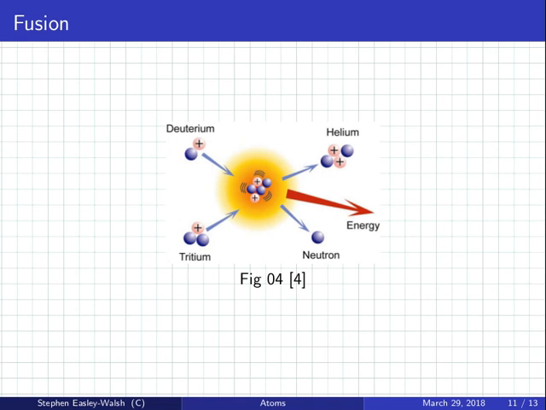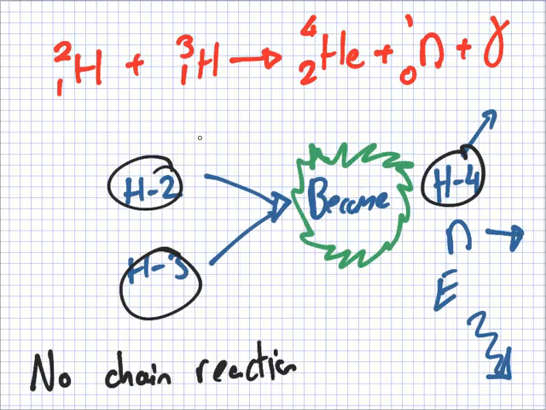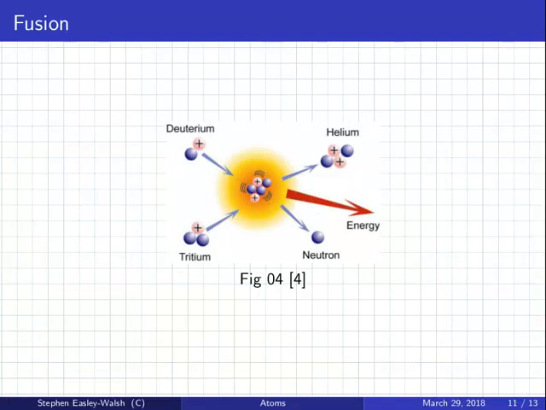You don't need to know that, but in the question they might say, below is an equation for deuterium and tritium, and ask you to balance it. It's just good to at least see these words.